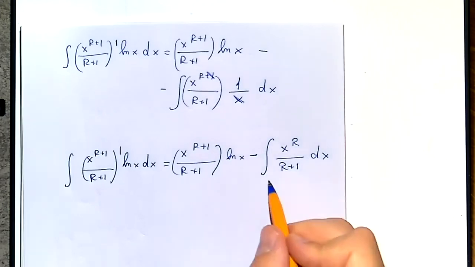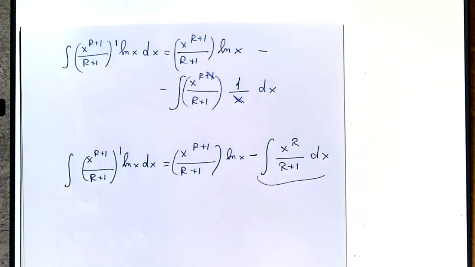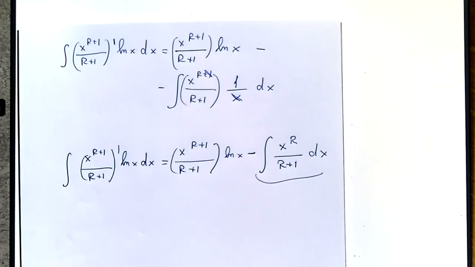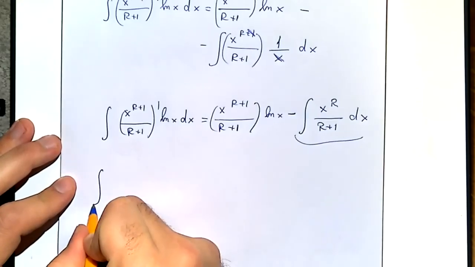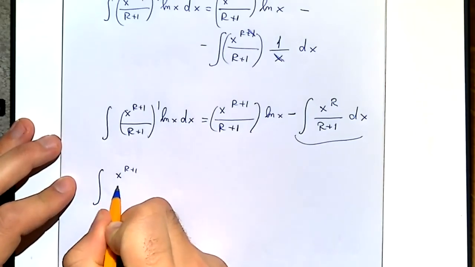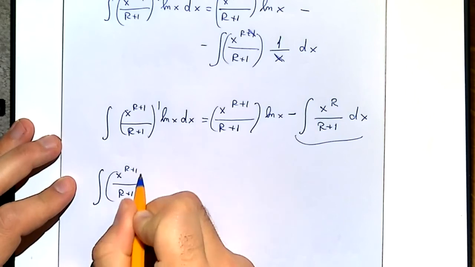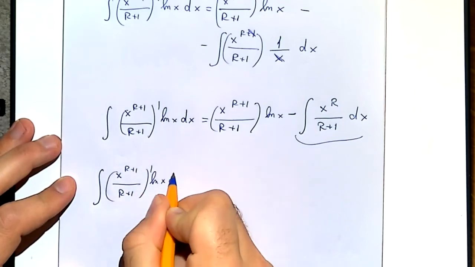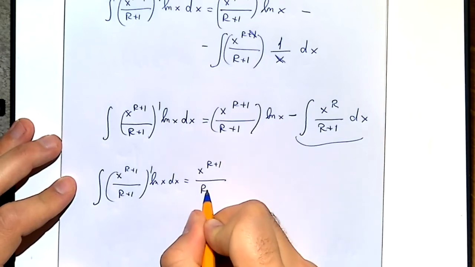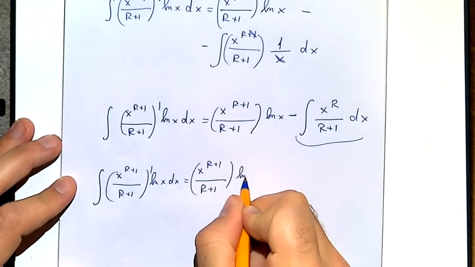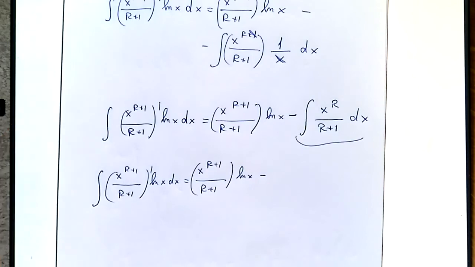I know what the integral of a power thing is, right? I mean, I should know. You guys just learned. So now this thing, x^r log of x dx, is just equal to x^(r+1)/(r+1) log of x minus, and what is that thing?